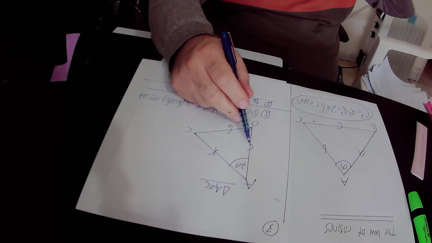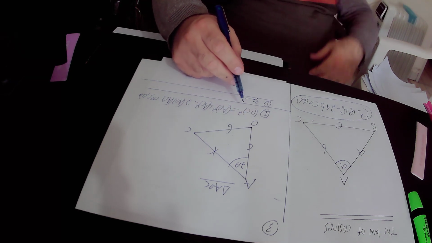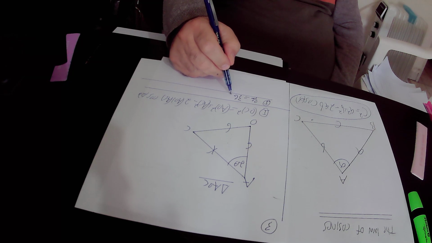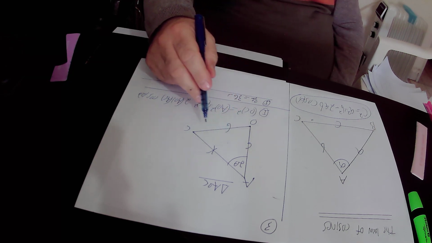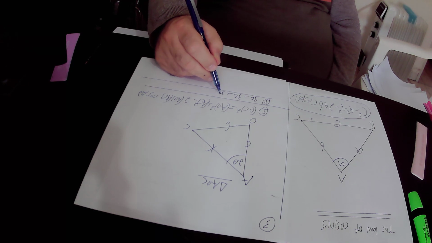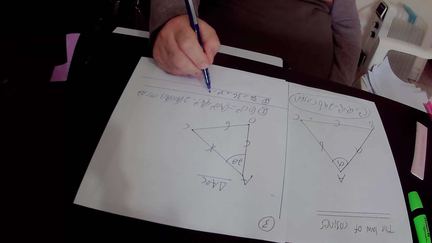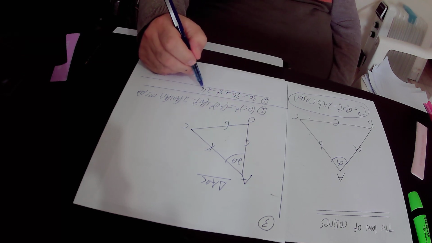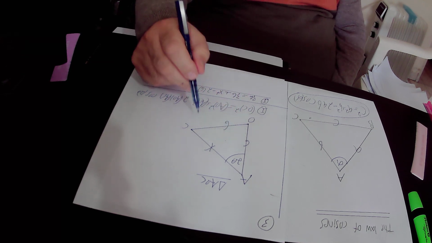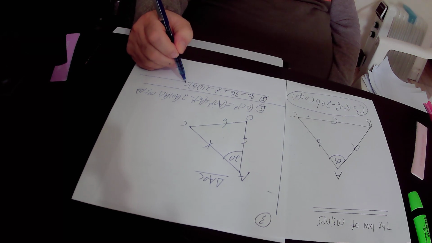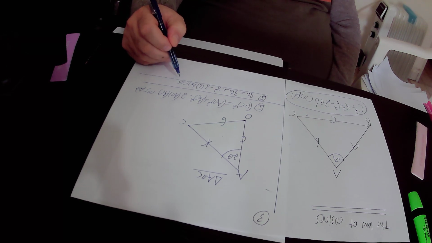AO equals 6, so AO square is 6 squared, that is also 36. Plus AC square. AC equals x, so AC square will be equal to x square. Minus 2 times AO, which is 6, times AC, which is x, times cosine 2 theta.